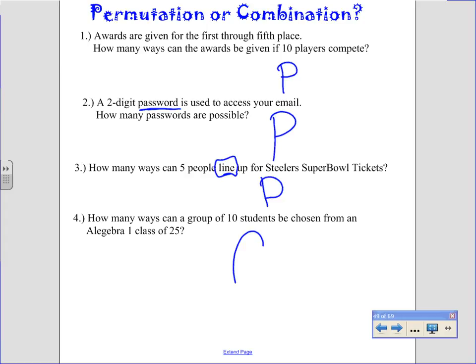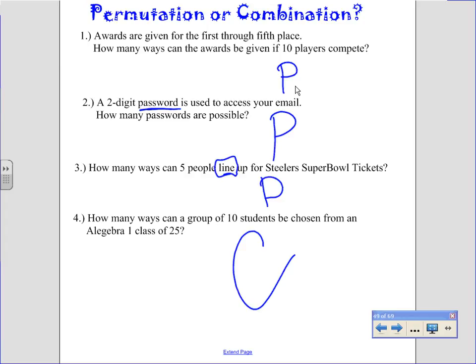Well, if you ever see line, it's always permutation. Okay, then maybe that would be different. But in our scenarios, Kevin, it's going to be P. Okay. All right, next problem.